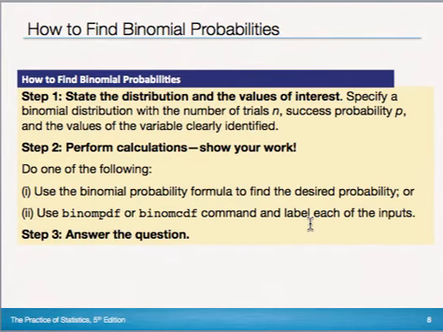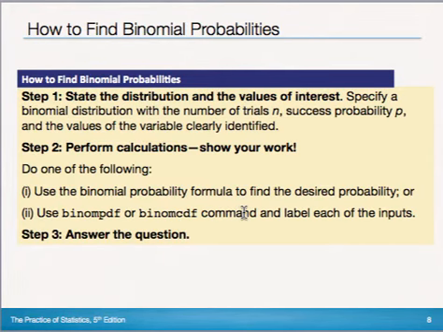Okay, so when you're setting up a problem like this, you want to state the distribution and the values of interest. So indicate that it's a binomial distribution, indicate the number of trials and the probability of success. And then you perform your calculations and show your work. Either show the calculations written out, or use binomial CDF.